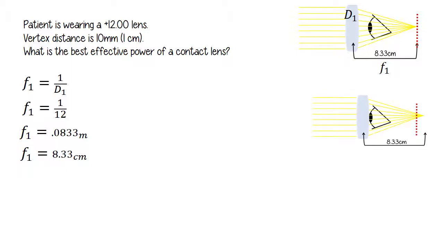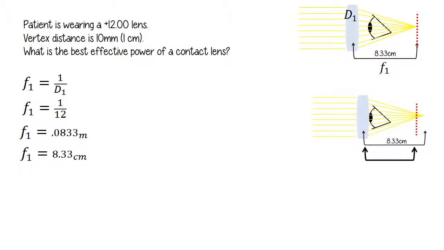We also determined that when we moved that lens 1 centimeter, 10 millimeters, the vertex distance, in order to place the lens onto the eye, we eliminated that, but we moved the focal length along with the lens. So the focal length was now extended an additional centimeter behind the retina.